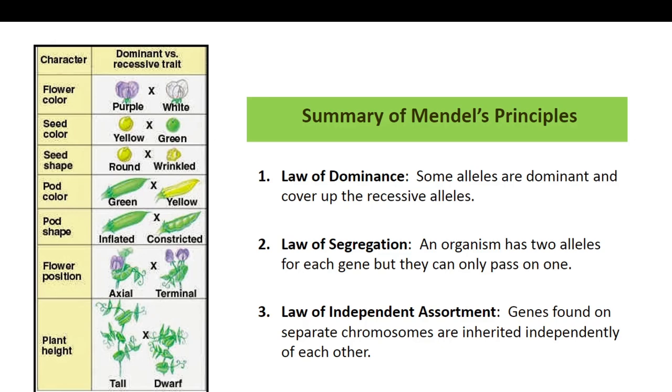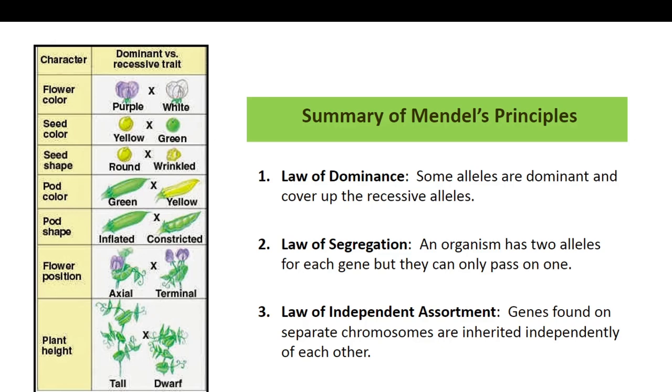Then the law of independent assortment, which means the genes found on separate chromosomes are inherited independently of each other. This law is mostly discussed when you have 2 phenotypes.